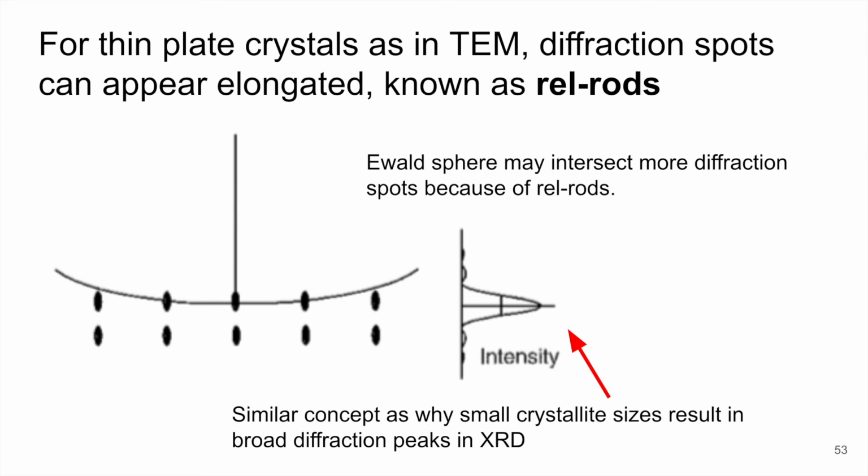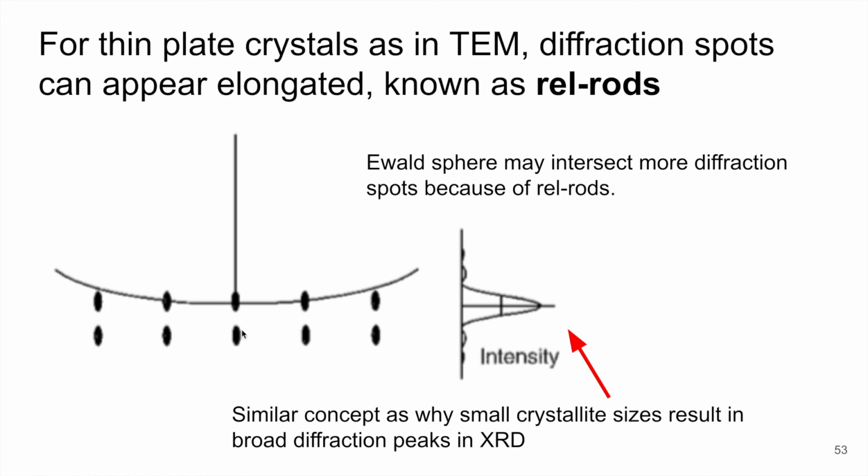Another effect that I just kind of want to go over when we talk about SAD is that these crystals are often very thin, what we consider thin plates. And thin plates are a lot like small crystallites when we did XRD. They can actually give some distortion.